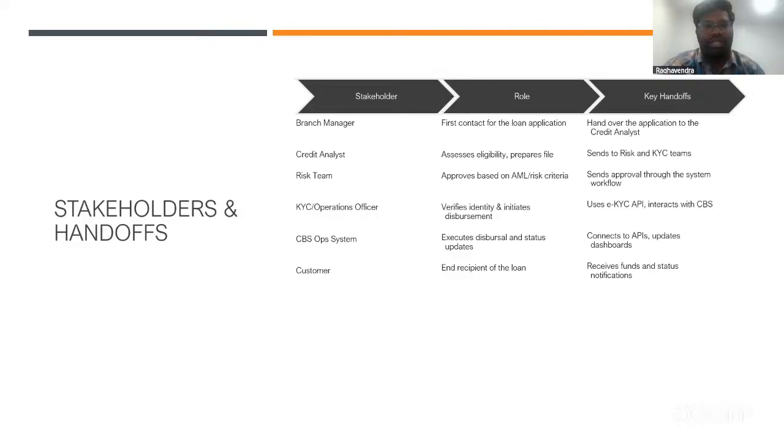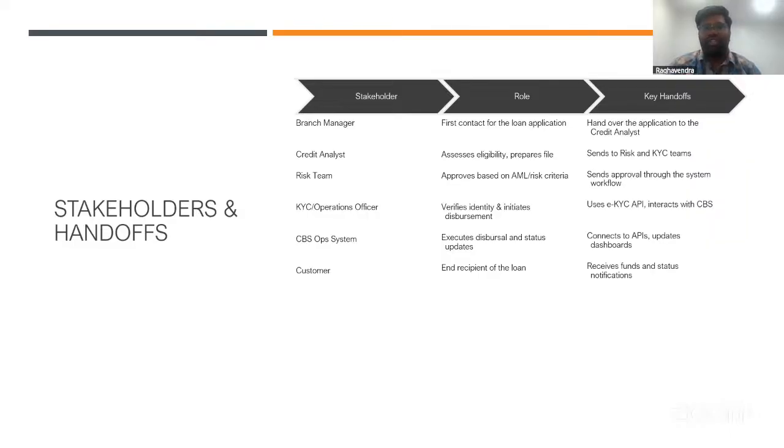Once the manager in the existing process gets the application, he hands off the application to the credit team. Now the credit team does the eligibility test and also prepares files relevant for the application and sends it through to the risk and KYC teams. The risk team does the AML check.